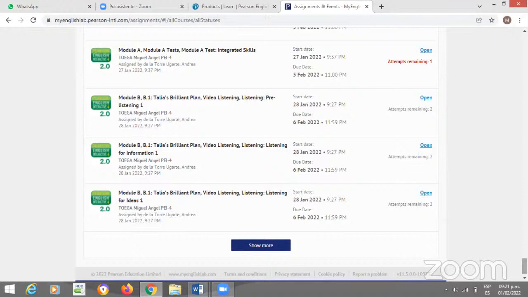So we have here the second unit. Okay, so I will share my screen. In this part, for example, we have the simple past and past continuous. Give me a second. Okay.